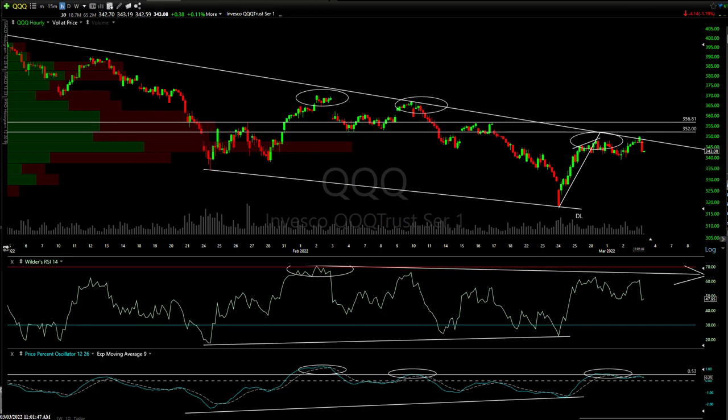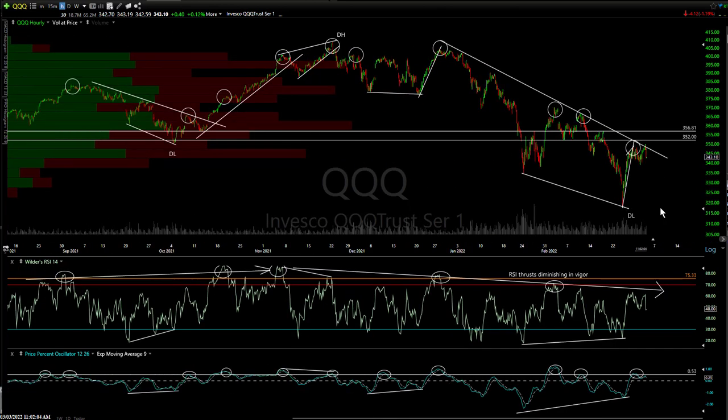But what I do take away from it and give a check mark, again, I play my little game today. The bears got a check mark because they rejected the bulls at that downtrend line right there, and pretty impulsively so far. So near term, it would help to take out these recent lows. And also something else I wanted to point out to you down here.